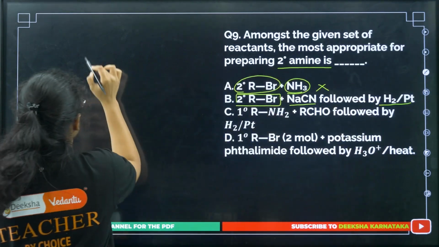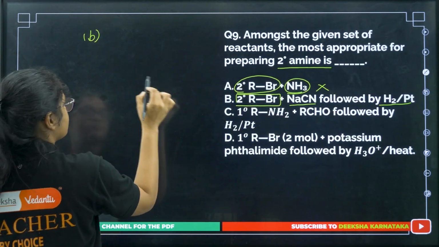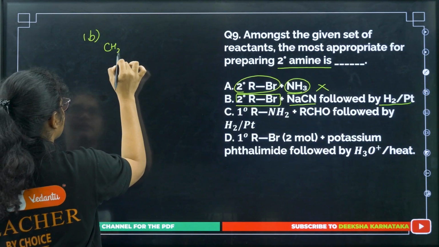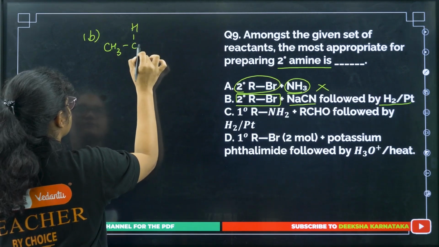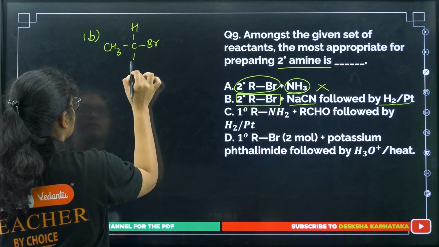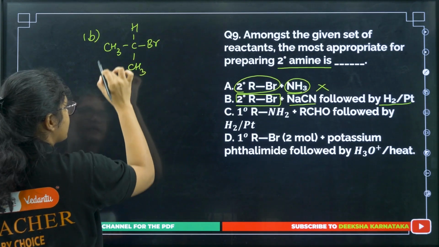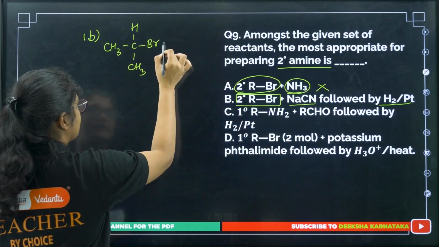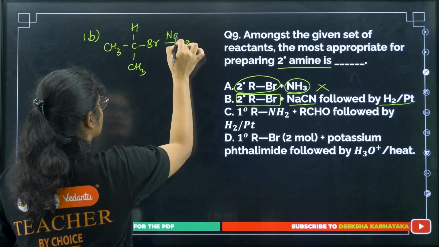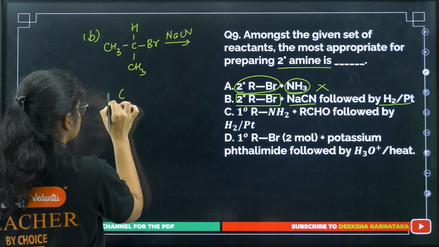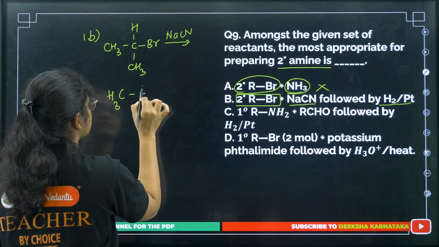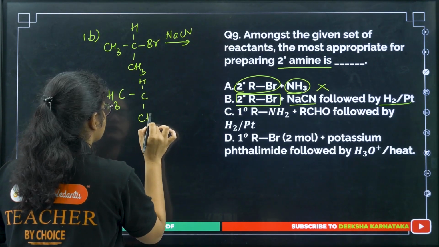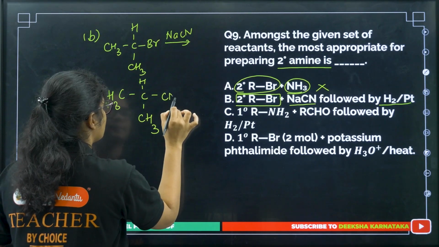Suppose you have CH3, CH, Br, CH3. This is a secondary haloalkane. Then you are treating with NaCN. So what will happen? This Br will change to CN, we have CH3, CH, CH3, CN, right?